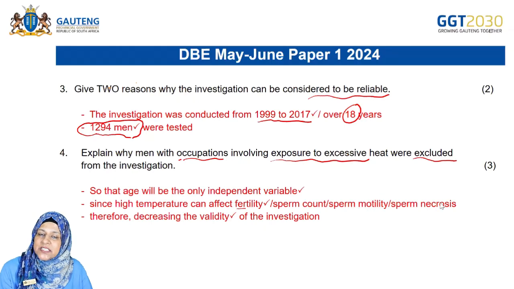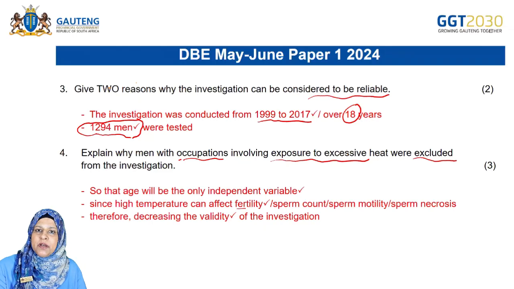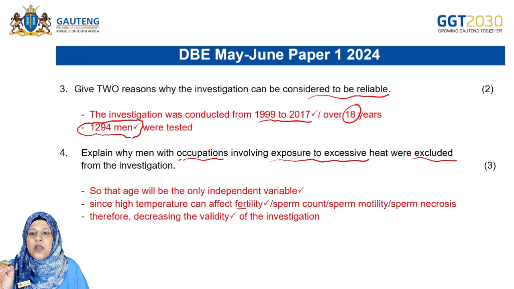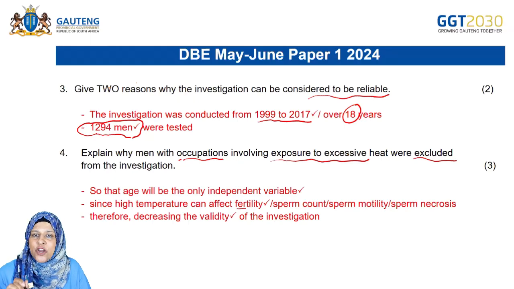So that would decrease the validity of the investigation, because now the measurement of the sperm won't be correct, because they will be exposed to high temperature, to high radiation, and that will kill the sperm, not the age. We want to determine the sperm count or the fertility with regards to age only. But if you are going to include men who are exposed to high temperatures, it's temperature and age that will affect the investigation. So you are decreasing the validity of the investigation.